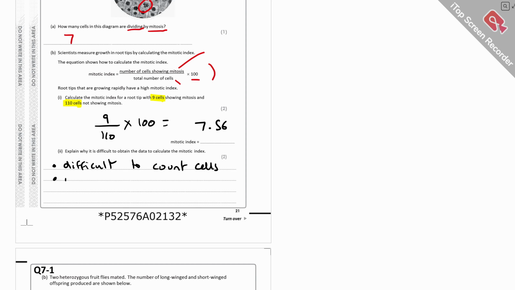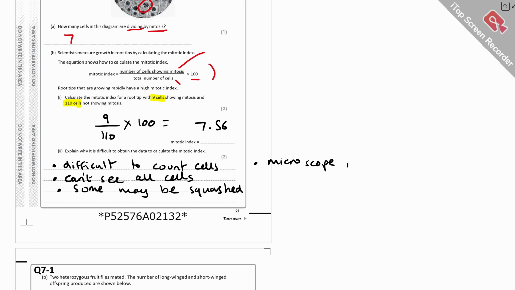You may not be able to see all the cells, so can't see all cells, and some may be squashed. And another one that they've said is the microscope may be poor resolution.